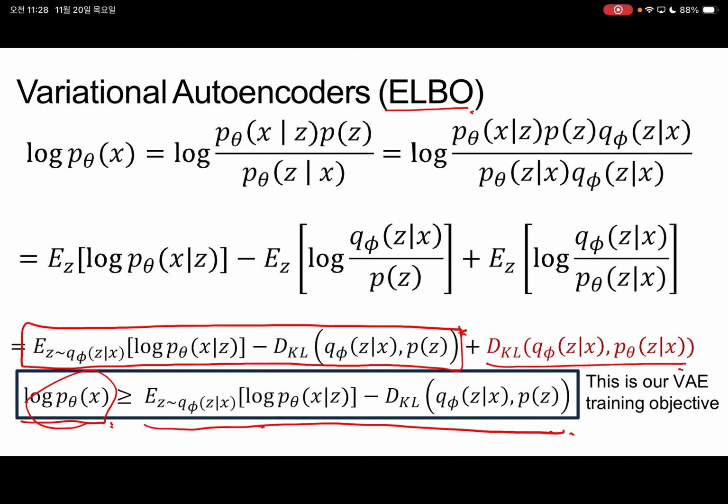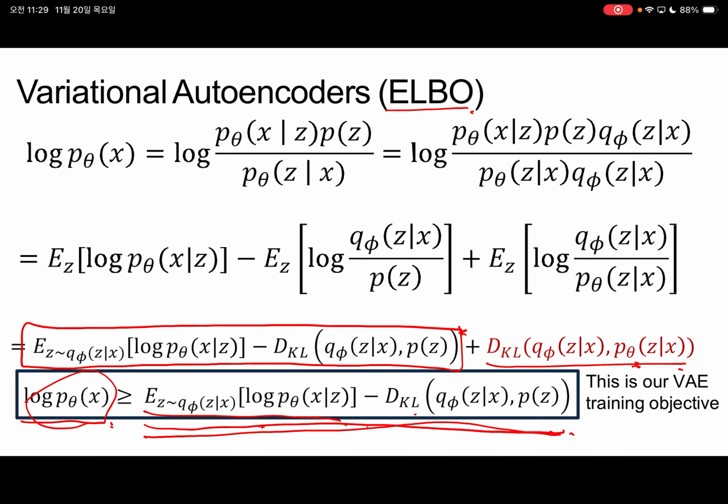As we cannot get this, maybe we can skip this, but we know this is positive, so at least we'd like to maximize this one. Then the lower bound of our training objective becomes better. So that is the basic idea of training a VAE, where maximizing this one is minimizing L2 distance, maximum likelihood, right? So minimizing loss from the L2 distance between reconstructed data and input data, that is the first one.